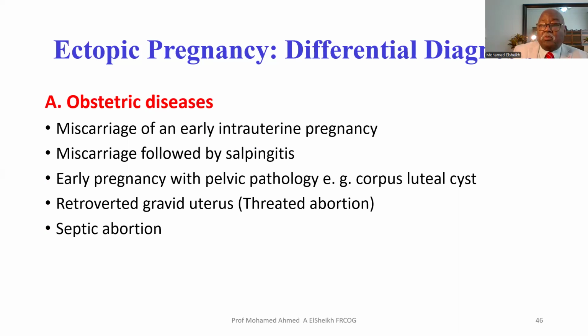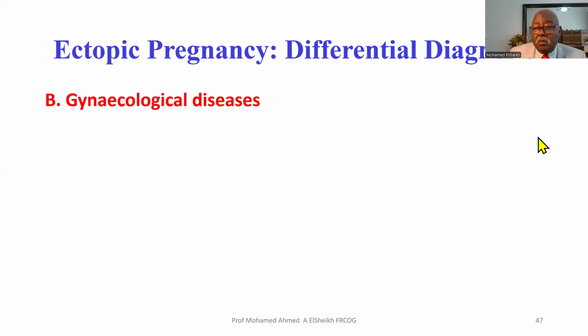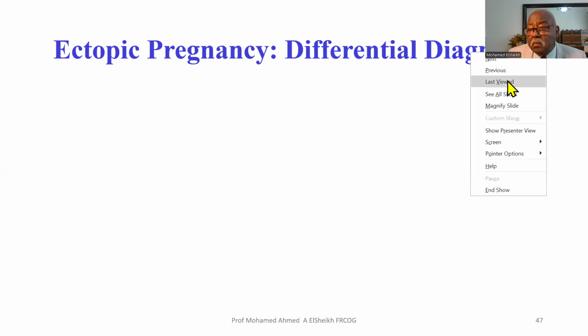Obstetric diseases: miscarriage, as differential diagnosis in case of ectopic pregnancy, of an early intrauterine pregnancy; threatened miscarriage; miscarriage followed by salpingitis; early pregnancy with pelvic pathology like a corpus luteal cyst; retroverted gravid uterus; and septic abortion.